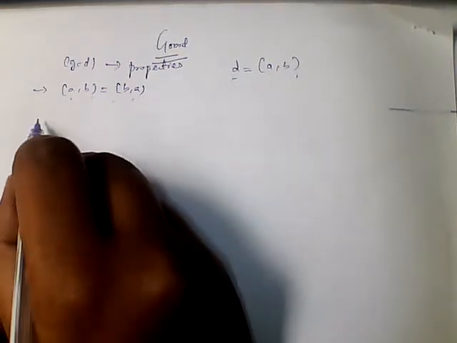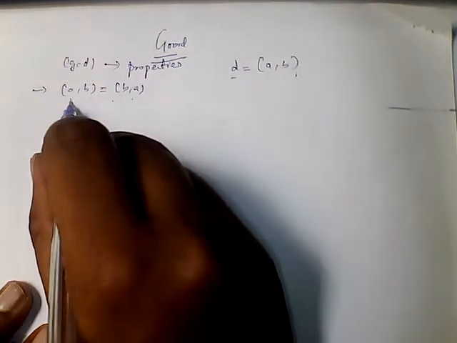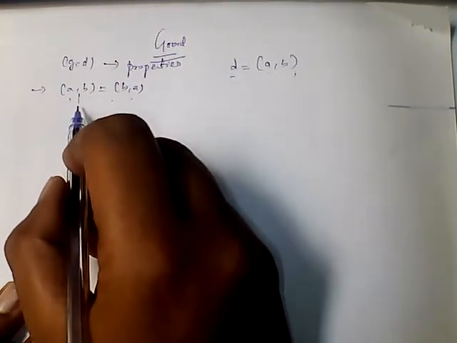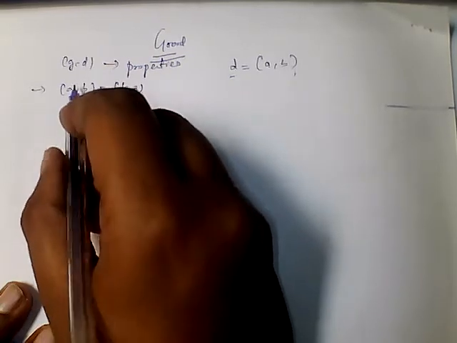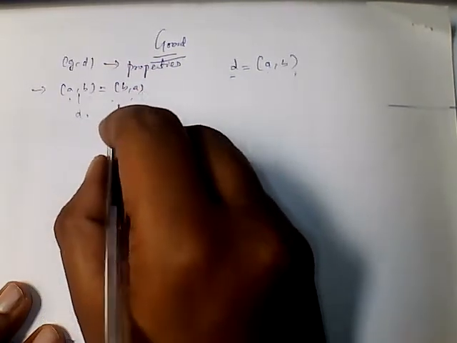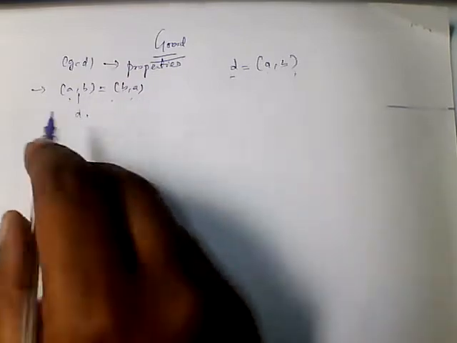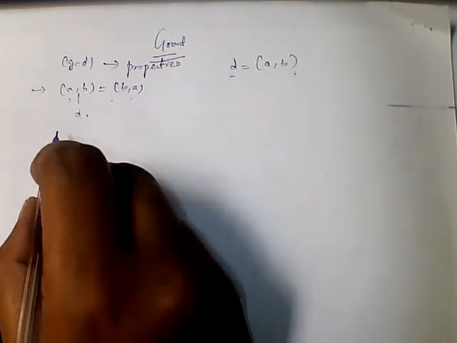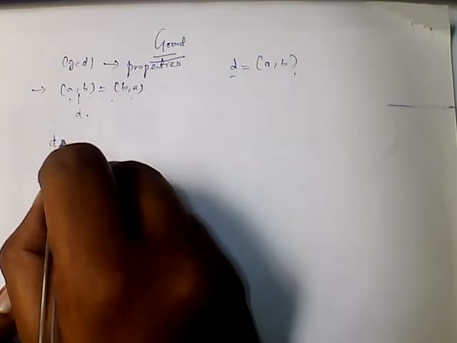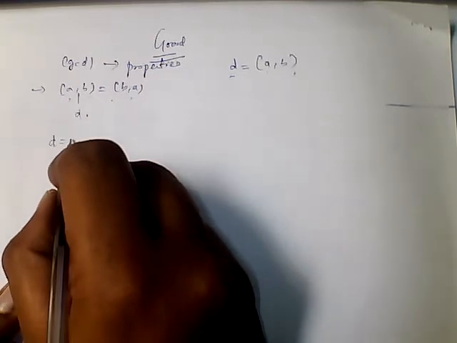Alright, now for this we have to prove it. For example, we are assuming that the GCD of a comma b will be equal to d. Let's take this one and try to represent it. We know that whenever we use the GCD, we can represent these numbers in a linear form.